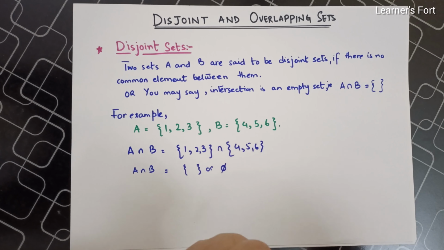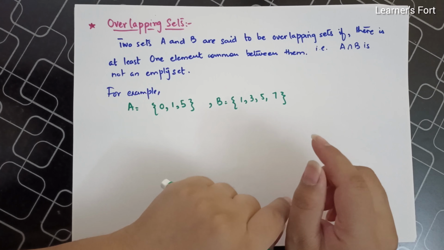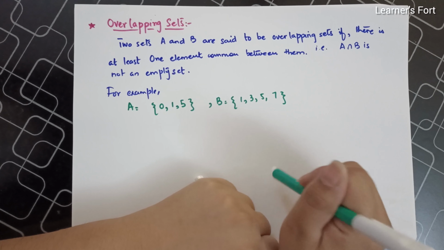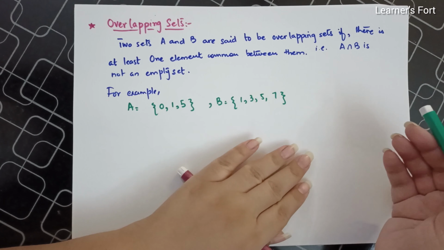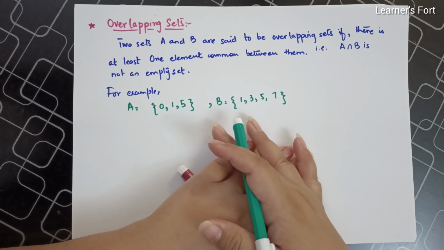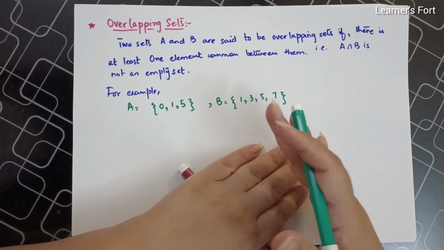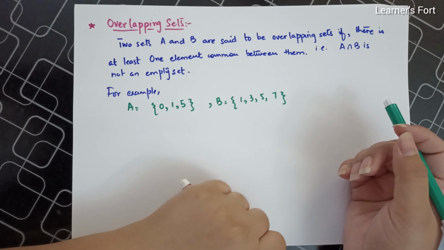All right, now let's have a look at overlapping sets. Overlapping, as the name suggests, means that things are being over each other, like they are overlapping. It means that there is something common between them.